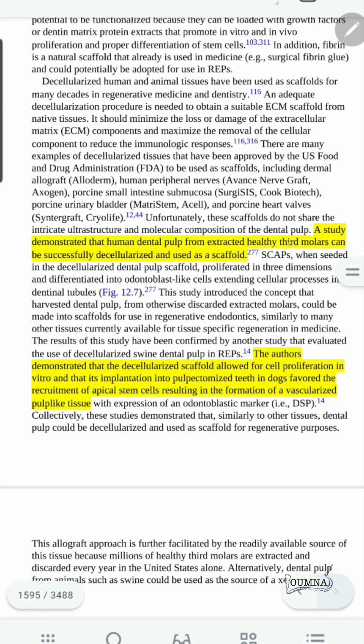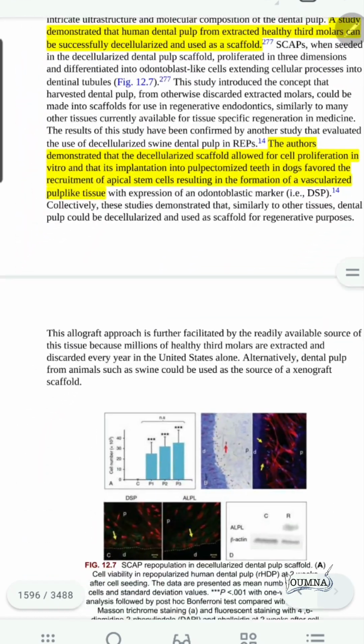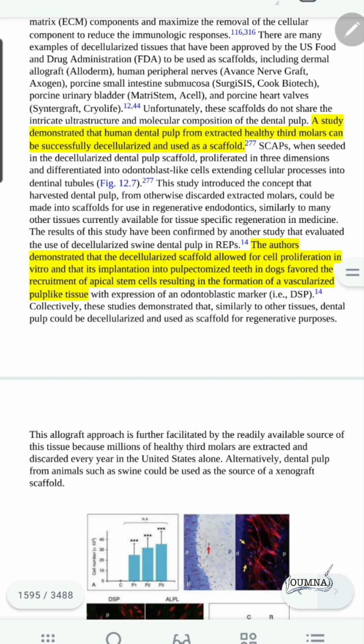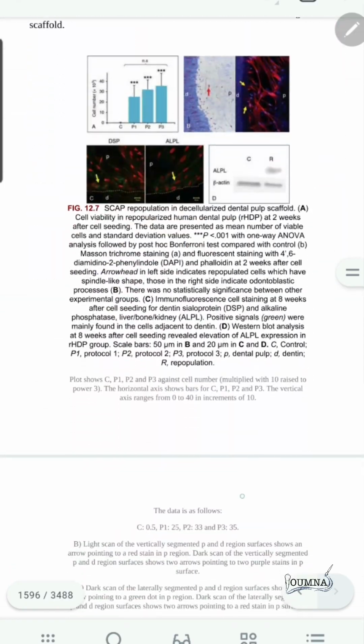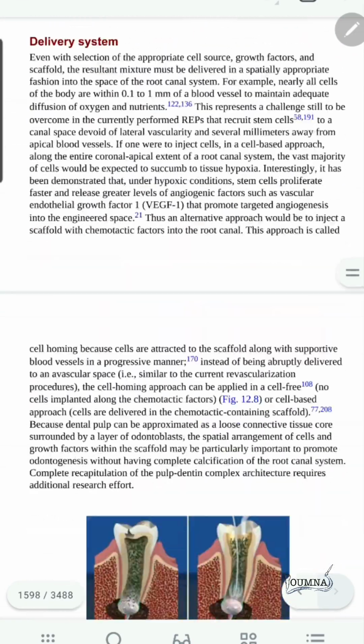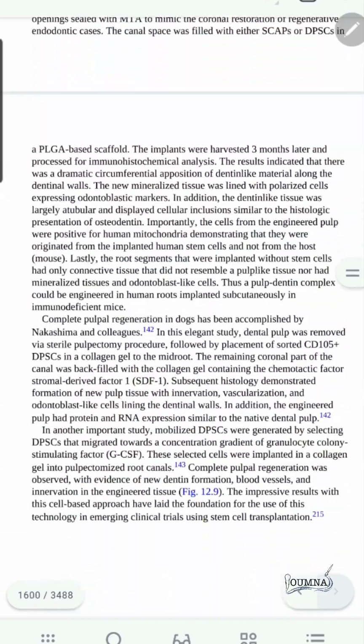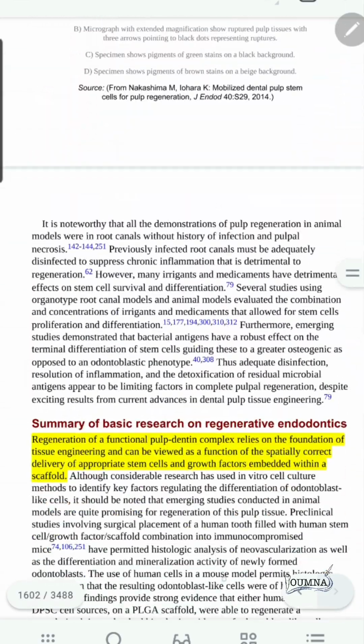Also, we know that third molars are a source of stem cells and growth factors that can be extracted and used as a scaffold to be introduced to the canal. These are all options, but now we will talk about what is used clinically on an everyday basis.